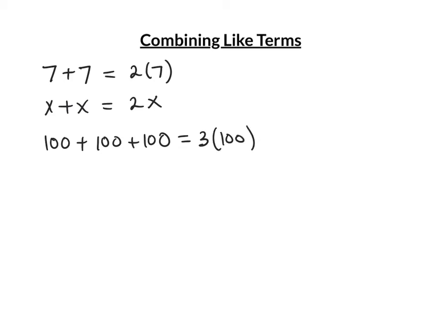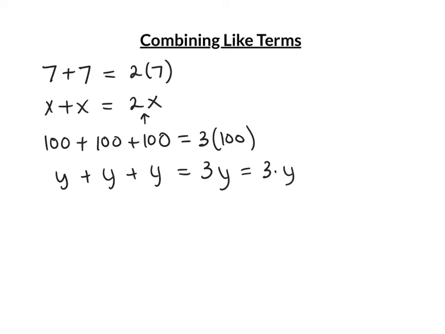So as long as I'm talking about the same number every time, like maybe y plus y plus y, I can add them because y plus y plus y would be the same thing as 3y, which is 3 times y.